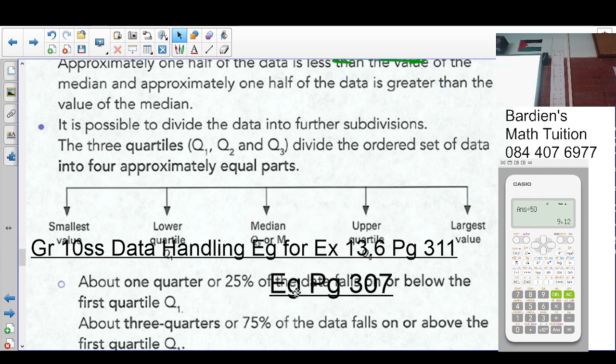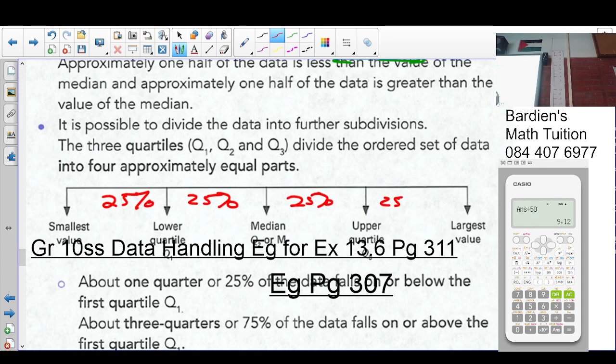The quartiles, which are quartile 1, 2, and 3, divide the ordered data set into 4 approximately equal parts. As I said, if you divide this out, you're going to get 25%, 25%, 25%, 25%. Can you see that, people?